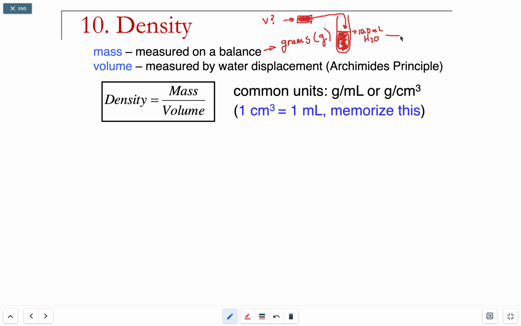What's going to happen? The object takes up space where the water was, so the water level rises. Let's say it goes up to here. So here we've got our little object, and I'm going to say that the rest of this is water, and the height went from 10.0 milliliters, let's just say, to 12 milliliters.